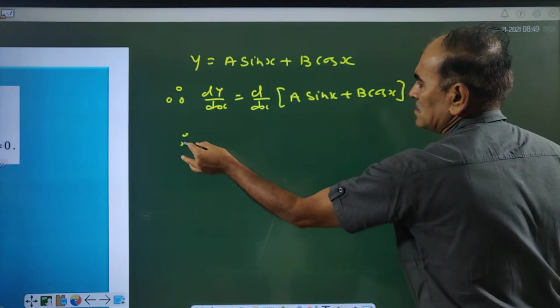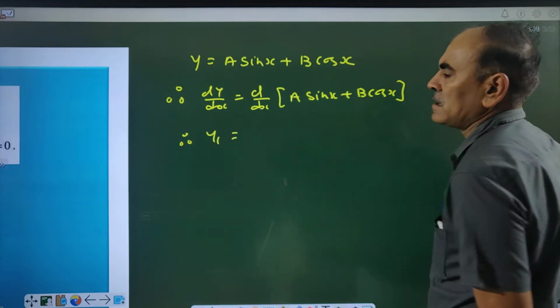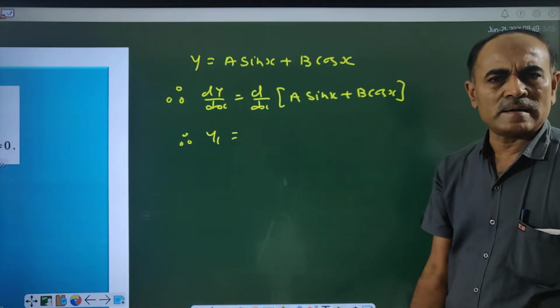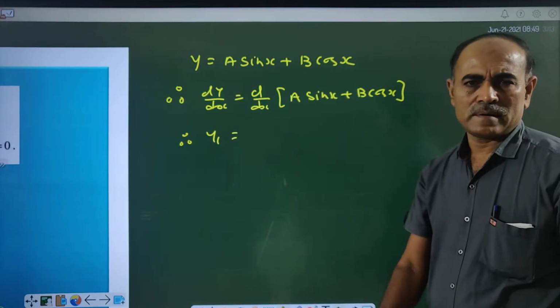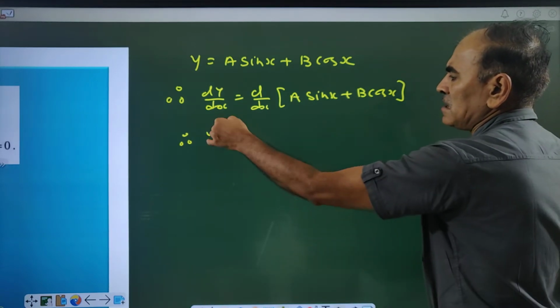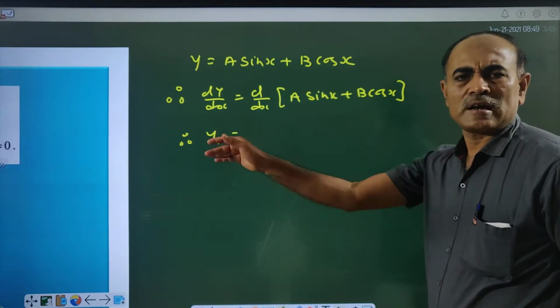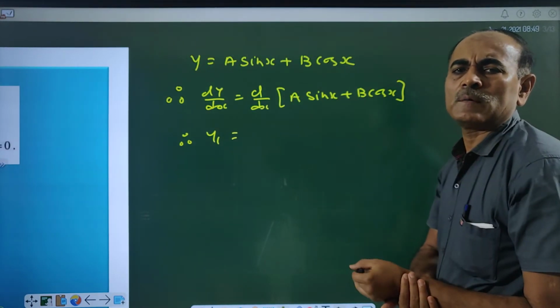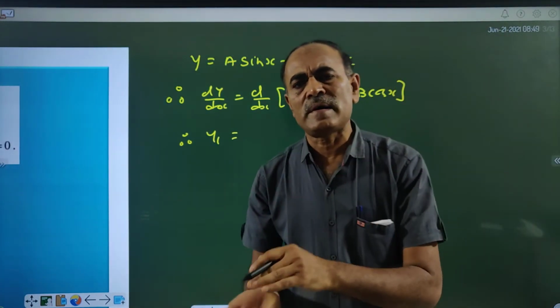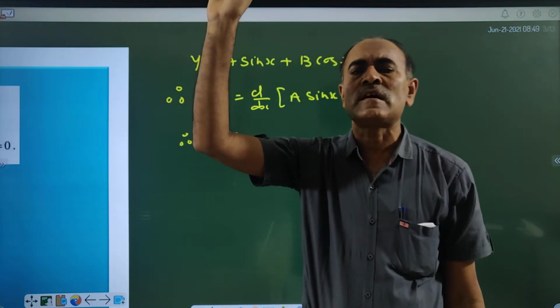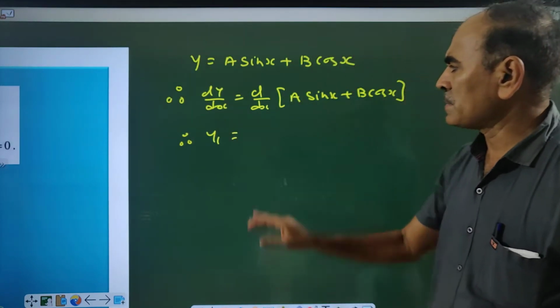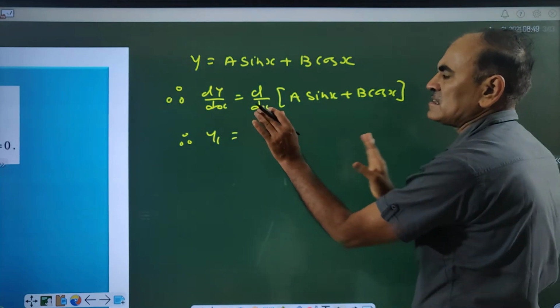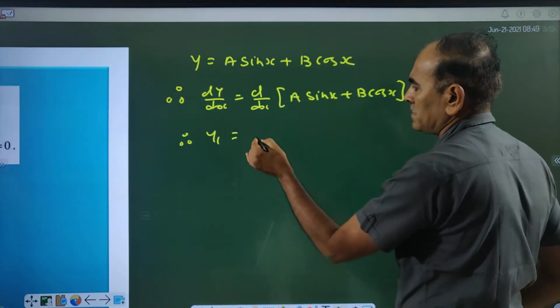That we can say is y1. You can write dy by dx, y1, y dash, whatever. But it is easy to write in terms of y1 and y2. So write y1. At last, whatever they want, convert it to that form. If they want it in terms of dy by dx, then at last put it into that form. But for simplicity, if it is y1, then it is easy to write. So I am writing it.